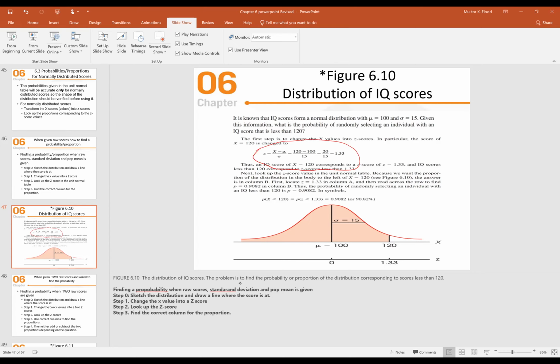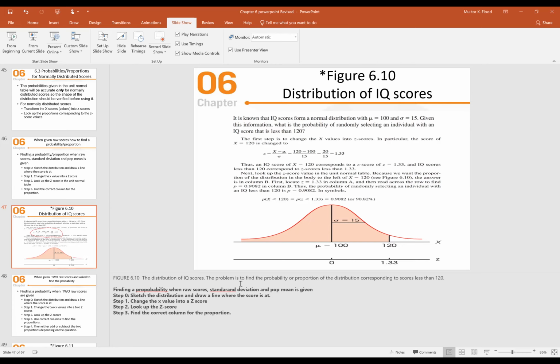The population mean is 100, and the standard deviation is 15. And if we simplify that, it becomes a z-score of positive 1.33. So an IQ score of 120 corresponds to a z-score of 1.33. And IQ scores less than 120 correspond to z-scores that are less than 1.33.